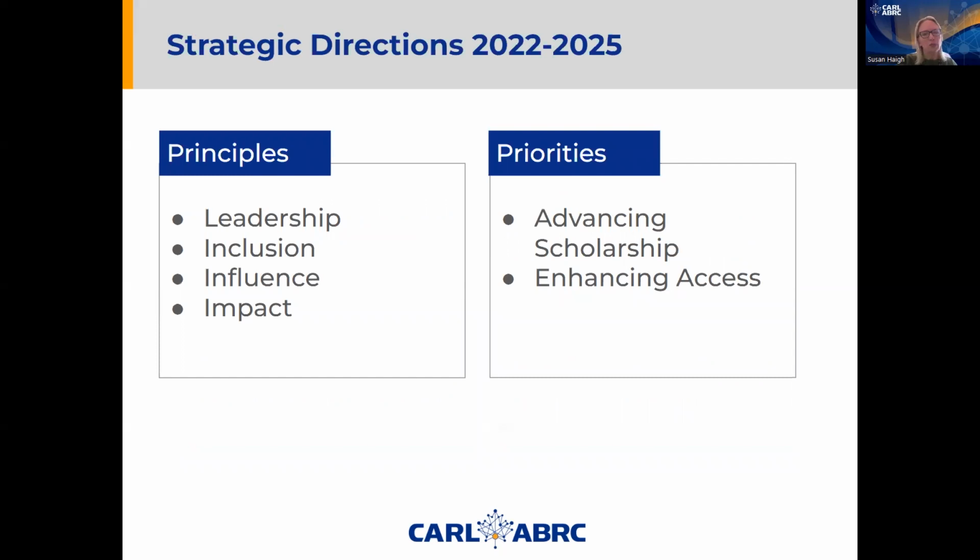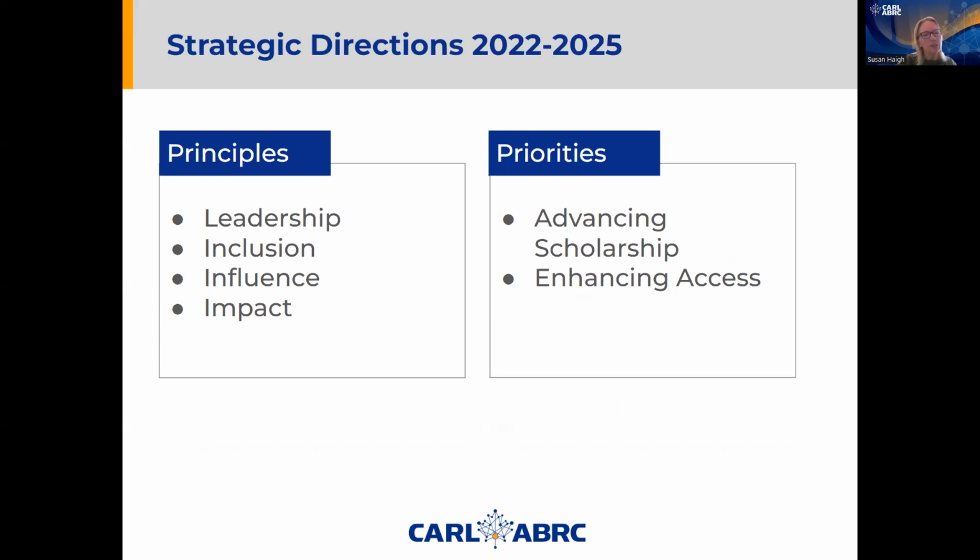In our latest strategic directions for 2022 to 2025, we set out some principles that we hope to infuse into everything that we do, as well as some priorities. So our principles are leadership, inclusion, influence, and impact.